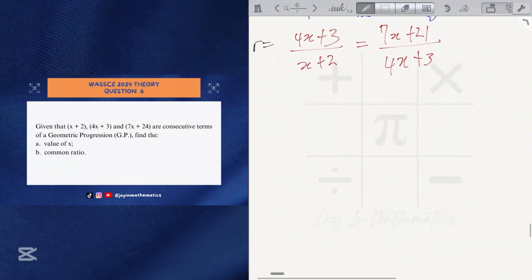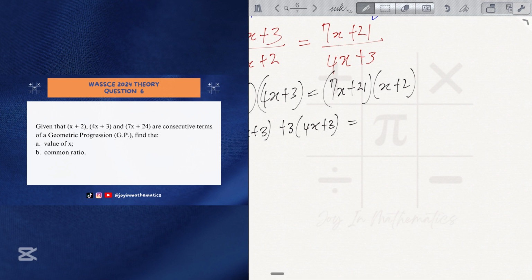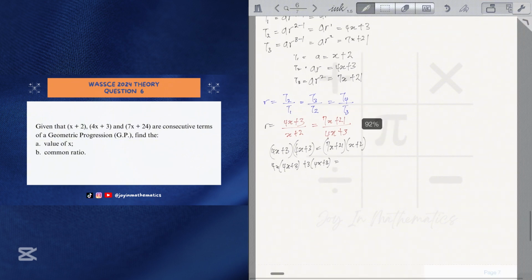So if you cross multiply, we'll have 4x plus 3 multiplied by 4x plus 3 equal to 7x plus 24 multiplied by x plus 2. So we can open the brackets. This is 4x into 4x plus 3, plus 3 into 4x plus 3, is equal to, oh, we think we made a mistake.